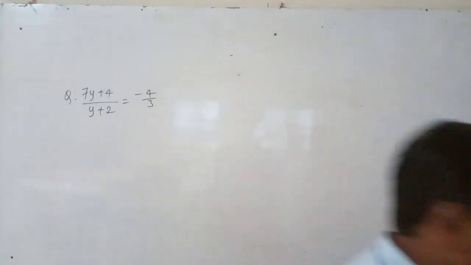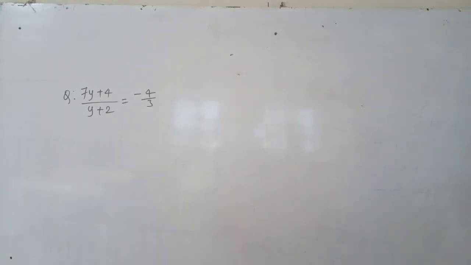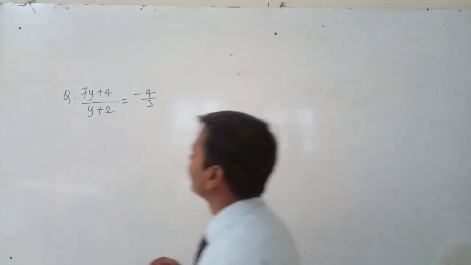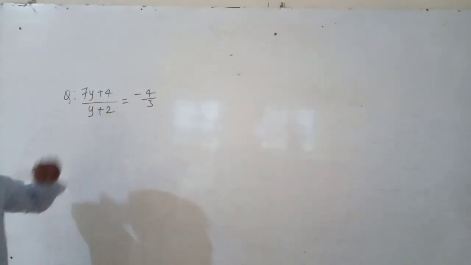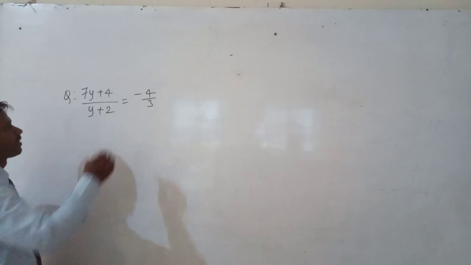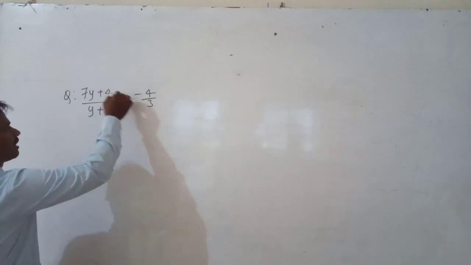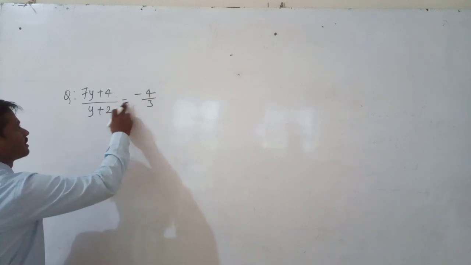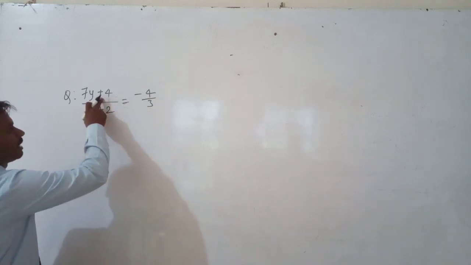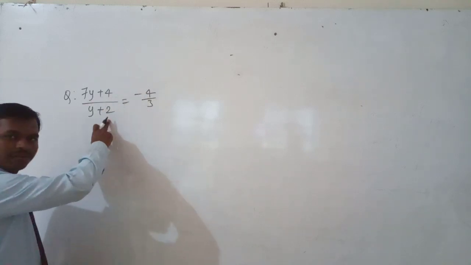In this one, here also the numerator and denominators are there. We will shift terms one by one, cross multiply here. First minus 4, this numerator and denominator will get cross multiplied. 3 into numerator, minus 4 into denominator.